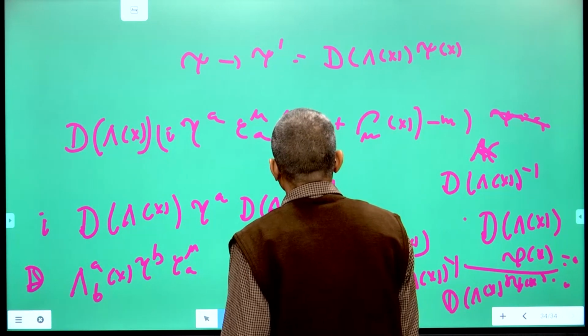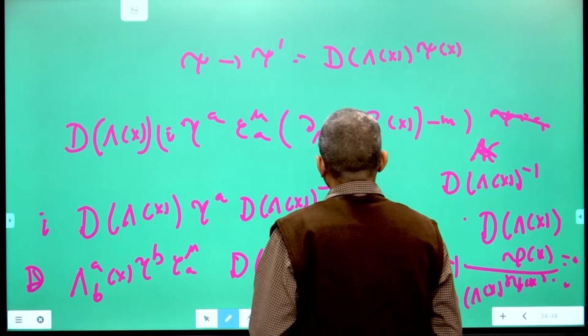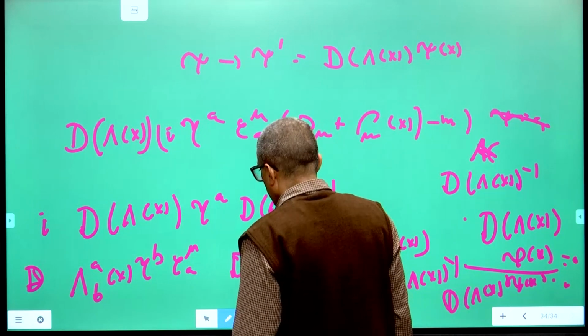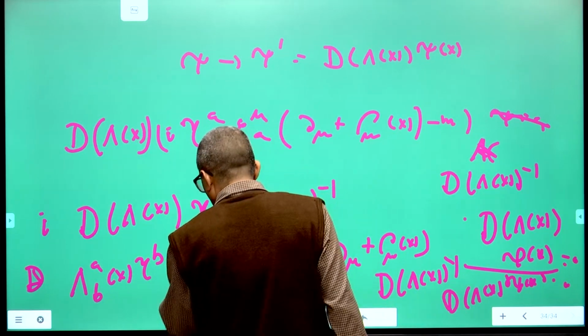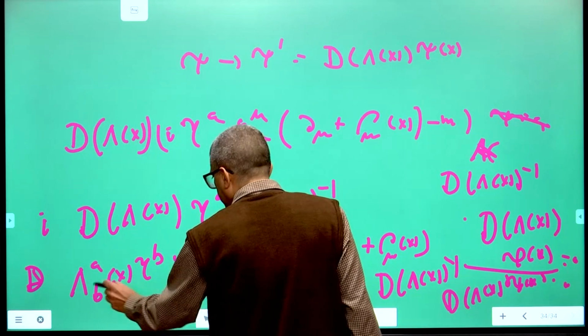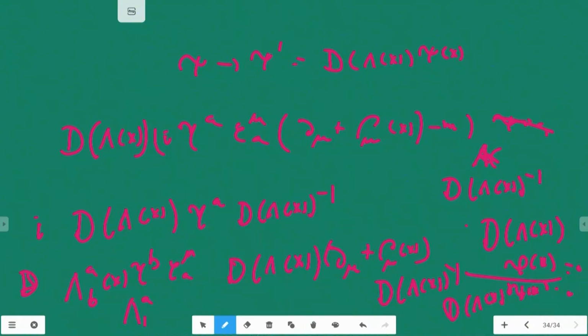Under a local Lorentz transformation, E mu A will undergo the transformation lambda A b x into E mu A. This is nothing but E mu b at x bar, where E mu b bar is the local Lorentz transformation of the contravariant. So this transforms in the correct way. That means that E mu A x under local Lorentz transformations will transform to E mu b x bar given by lambda A b x E mu A summed over A.